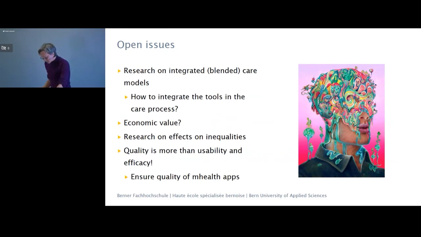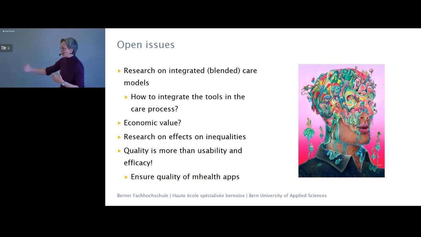So, open issues. We recommend that more research on integrated, or what they call nowadays blended care models, has to be done. So in particular, how to integrate these kinds of tools and technologies into the care process. So not just leaving the patients alone with selecting the tools, but also how to make recommendations about mobile mental health apps that could support the care process, the treatment process, and how to integrate them well.